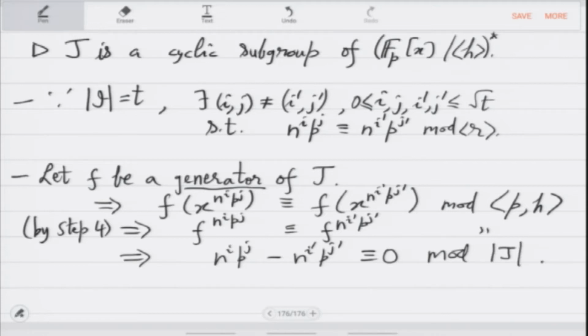Right, so this is a very important step. This is the key step which will finish the proof because we are deducing from the fact that these two products are the same mod r. We are deducing that in fact they are the same modulo a much bigger number, which is the size of J. So what does that mean?